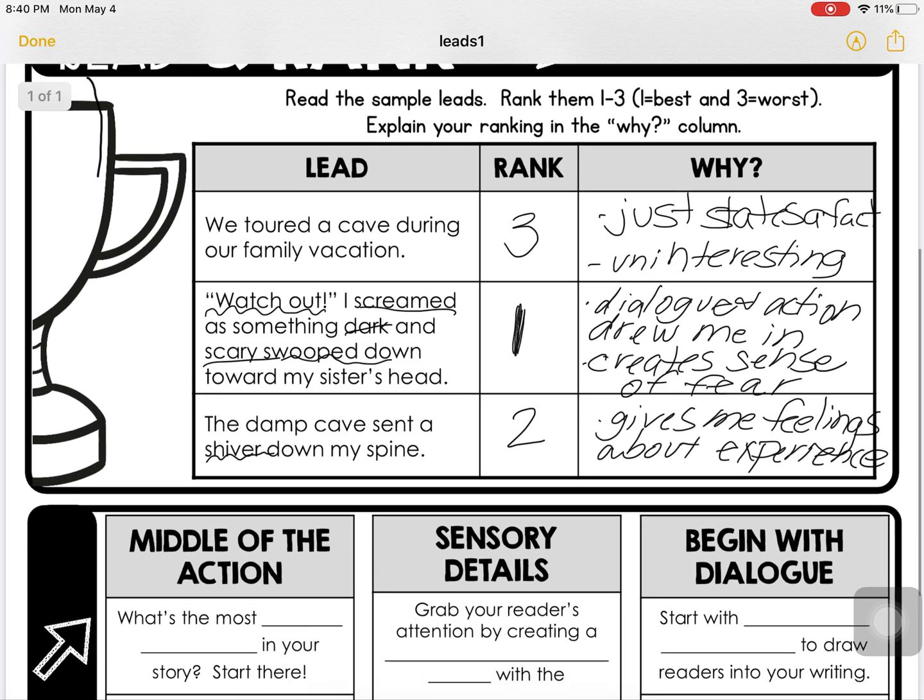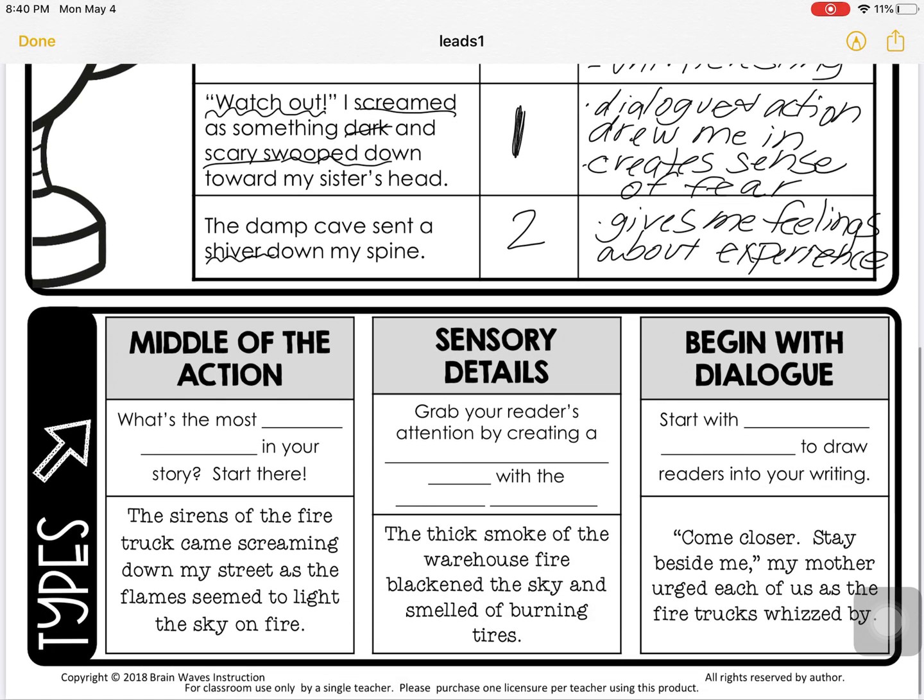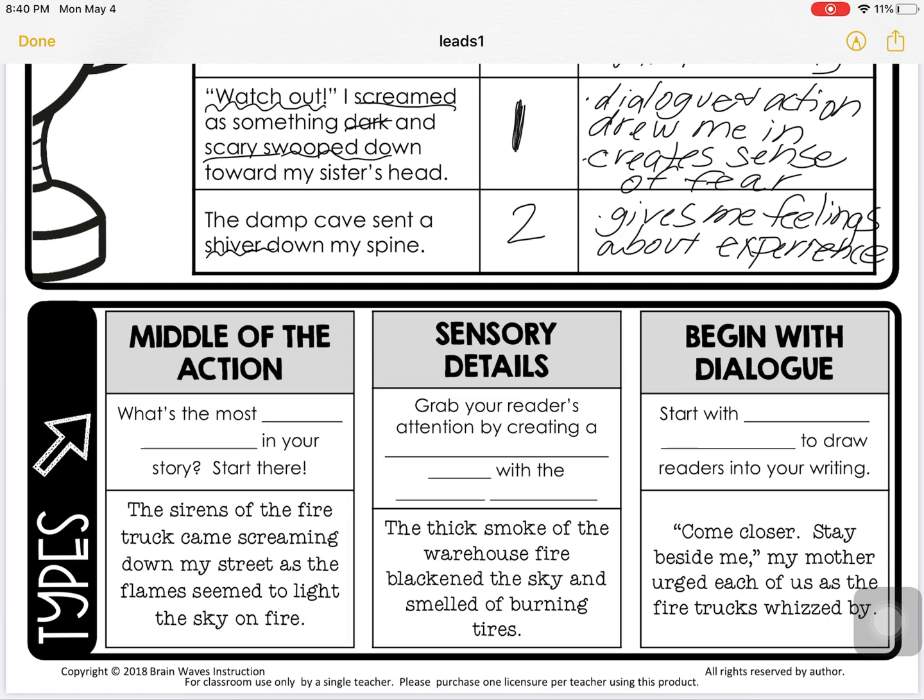Okay. Now that we've ranked some, let's practice this. There are 3 types we're going to practice today: middle of the action, sensory details, and beginning with dialogue. When you're leading with the middle of the action, you're telling the most exciting moment in your story.